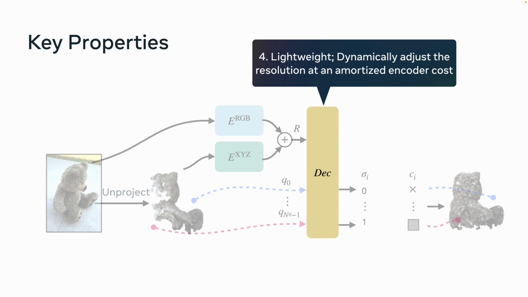Fourth, note that the encoder cost is amortized among all points, and each additional query point only induces computation at the decoder. MCC uses a lightweight decoder, so the overall inference is very efficient. Furthermore, MCC does not assume a fixed resolution, so one can generate output at any desired resolution at inference time.